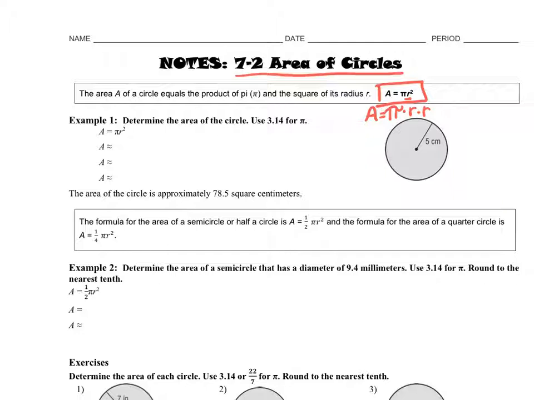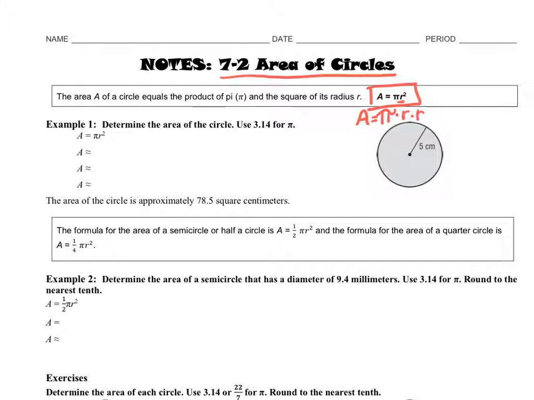Yes, sir? So, if you're just multiplying the radius 2 times, couldn't you just do area equals pi times diameter? No. Okay, so if I did the diameter here, what would it be? 10. Okay, r squared is 25, big difference, huh?